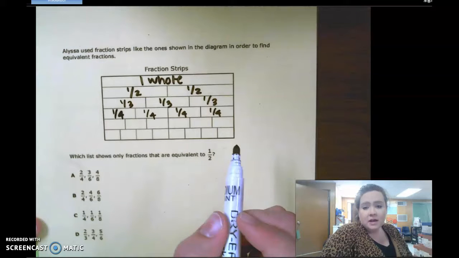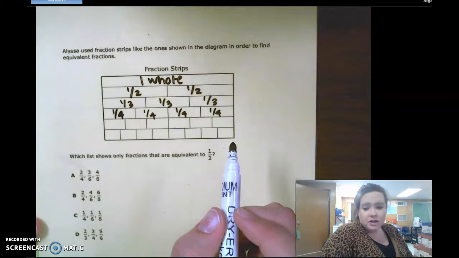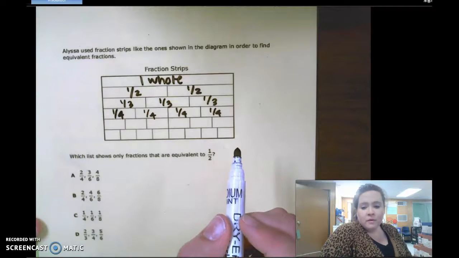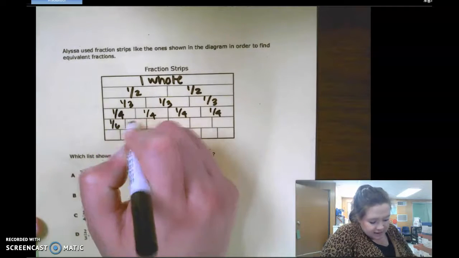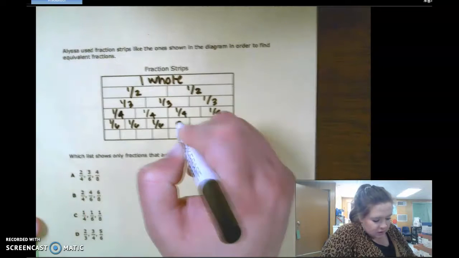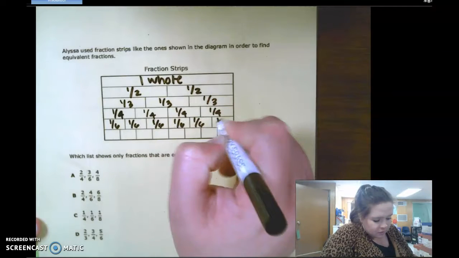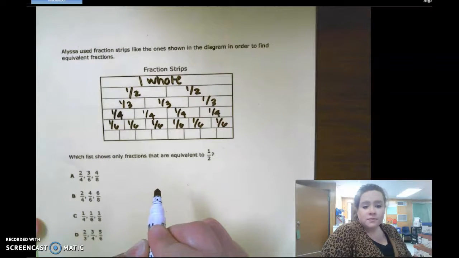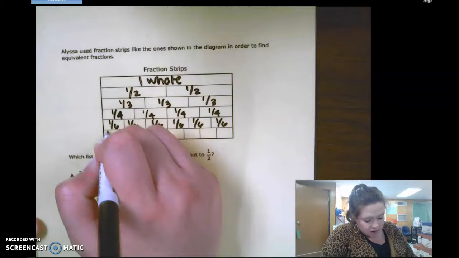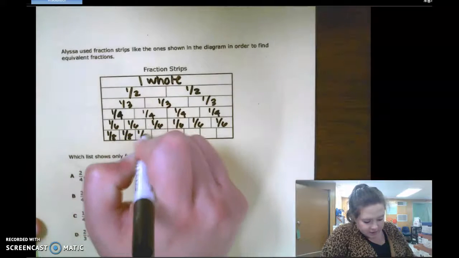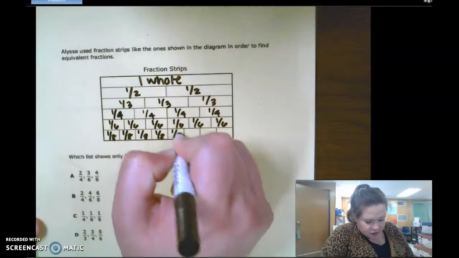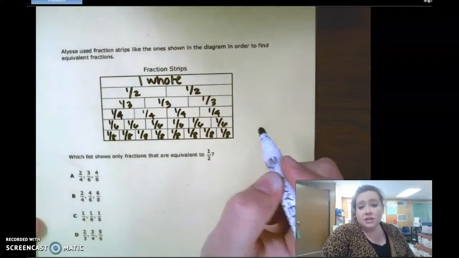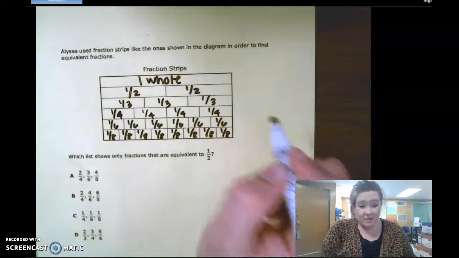Each one represents what unit fraction? Good. Each one represents 1/6. Awesome. And the last one that we have? Awesome. 1/8. They are 8ths. So this is just like you guys created a couple weeks ago. It's just all put together and they haven't been cut up, okay?